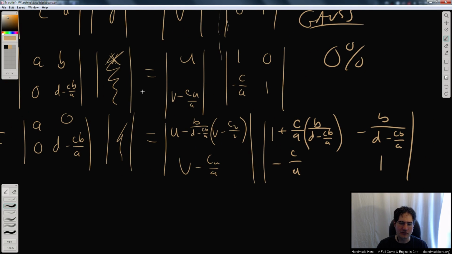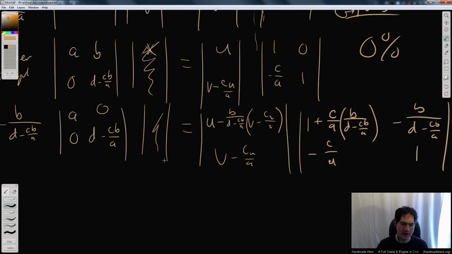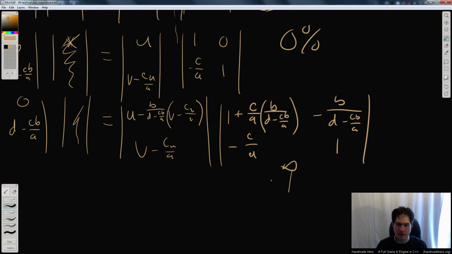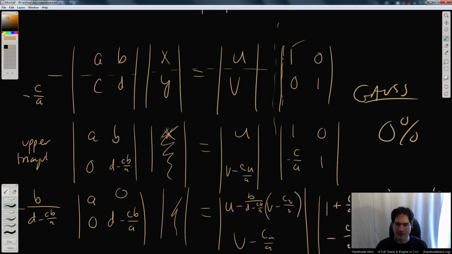And what's kind of cool about it is if you keep the phantom matrix on the other side. Now we haven't finished because we have to divide. We have to divide by A and we have to divide by D minus CB over A. But if we were to do that to these two rows, this phantom matrix actually becomes the inverse, which is kind of interesting. And again, I don't actually remember the motivation for why that's true.